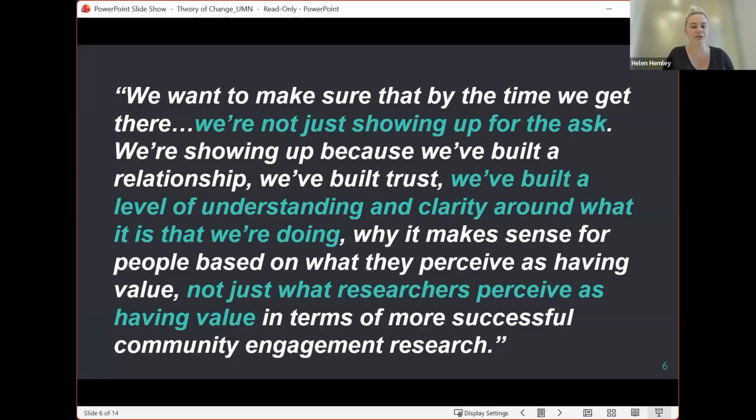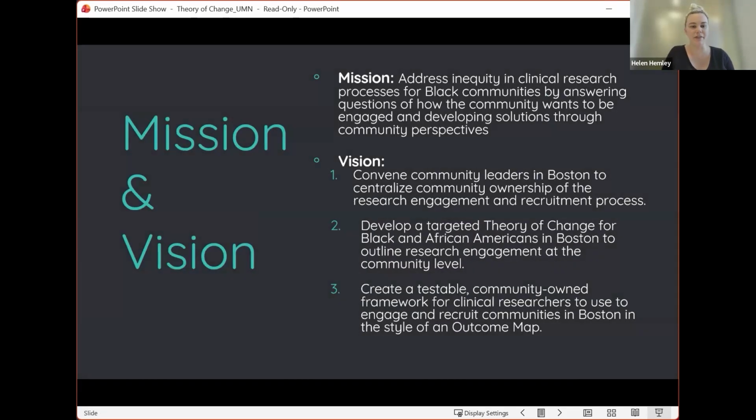And that can help with that long-term community engagement in a research study or a research clinic or a research institution altogether.